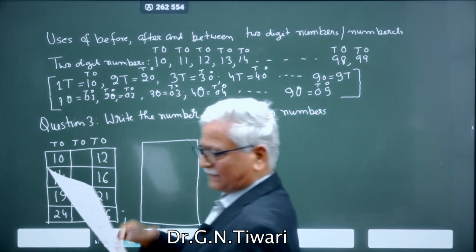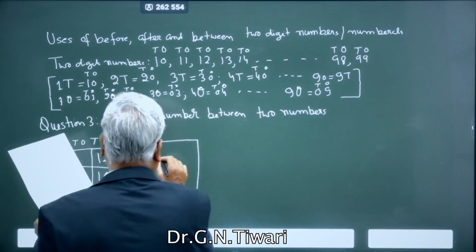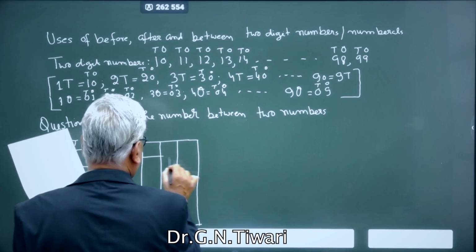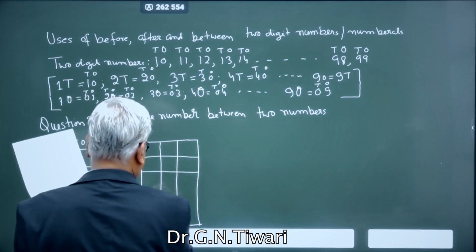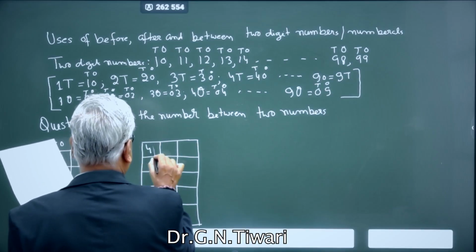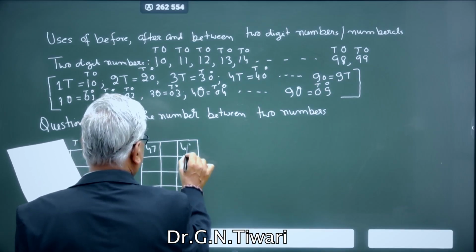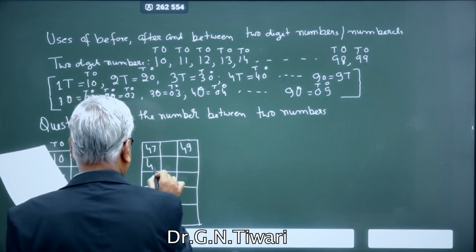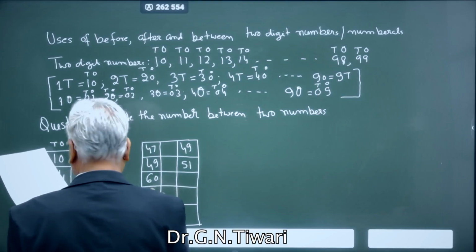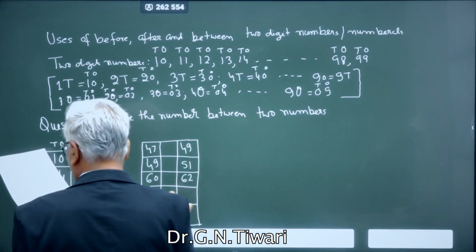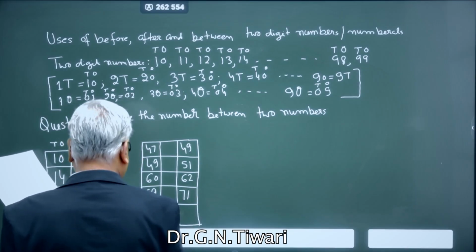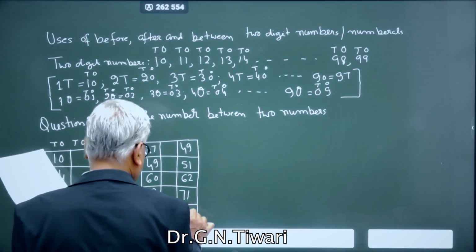Now instead of 4 blocks, let me make 5 blocks. 1, 2, 3, 4 and 5. Just here 47, 49, 51, 60, then 62, then 69, then 71, then 74, then 76.